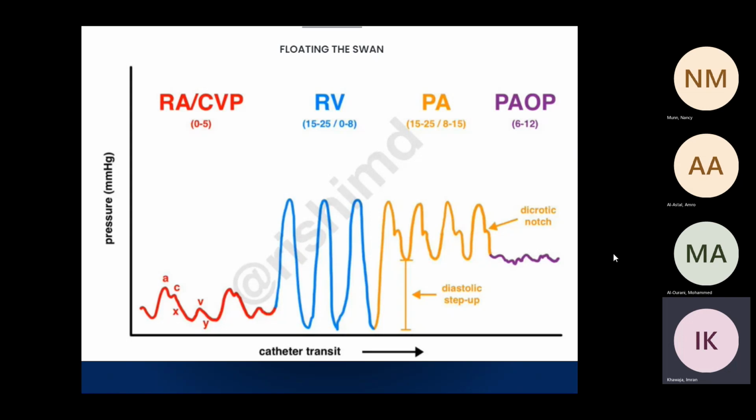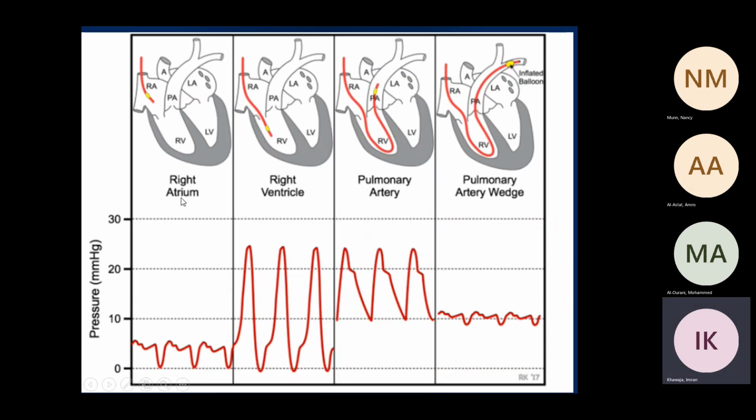And as you come out to the wedge position, you see waveforms that look similar to the RA because that correlates to left atrial waveforms. But that's again, as you float your Swan, and when things go fine and you don't have trouble with a dilated ventricle or tricuspid regurgitation, usually you will be in the wedge position within a minute or less than a minute.